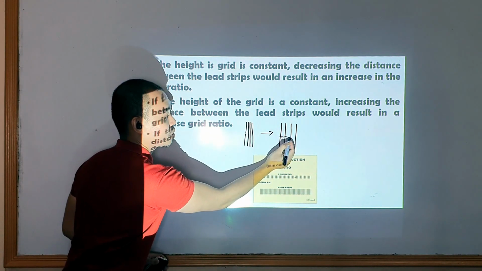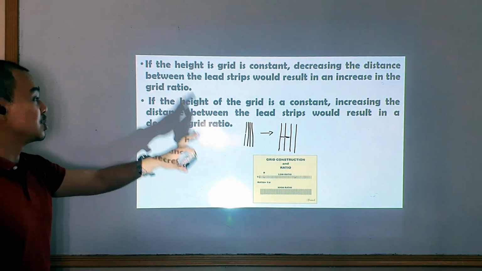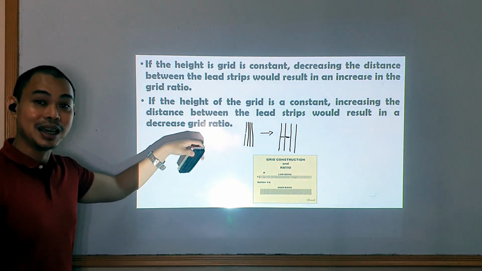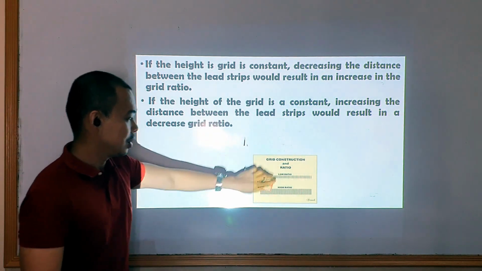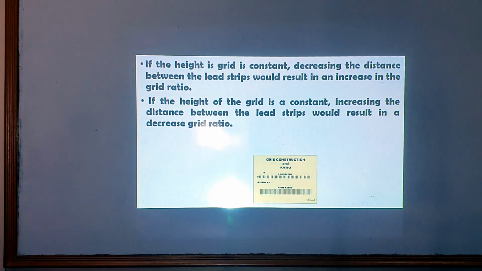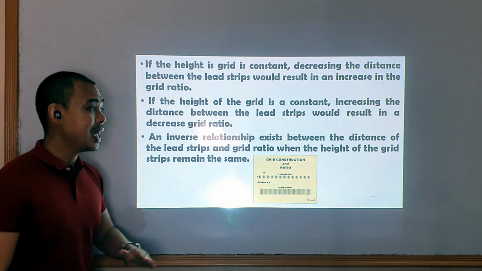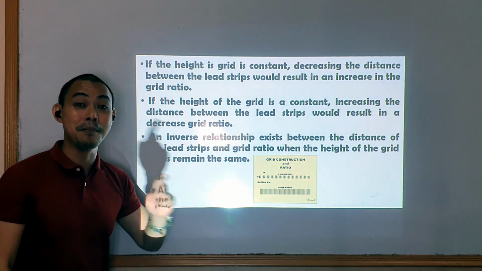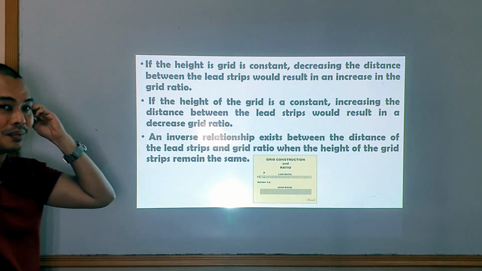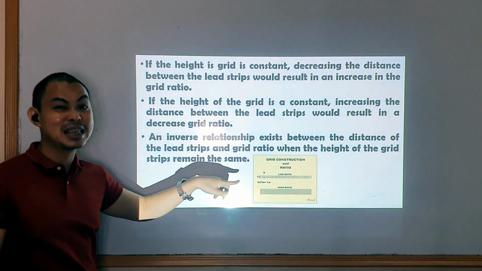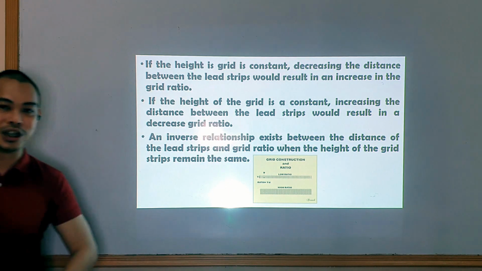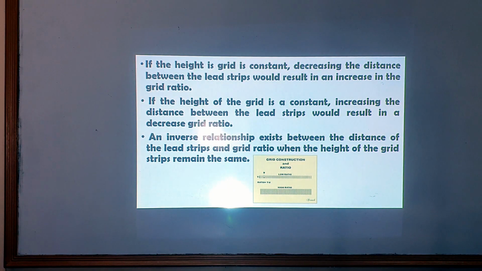From this strip to this strip, it's now wider. It will result in a decrease in grid ratio. Are we clear? That's why there is an inverse relationship between the distance of the lead strips and grid ratio, as long as the height of the grid strips remains the same. Right? The relationship is inversely proportional. Okay, bear that in mind, guys.